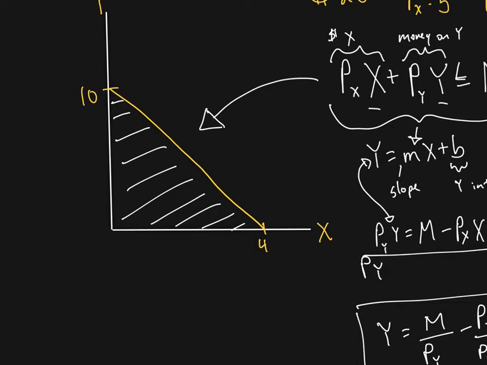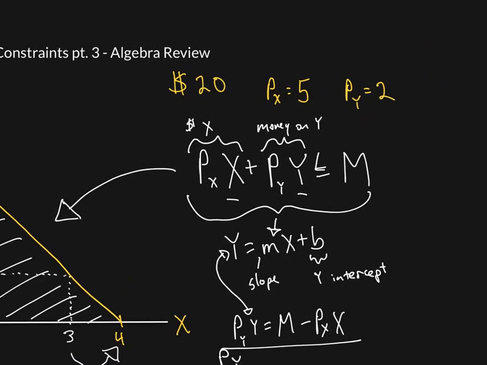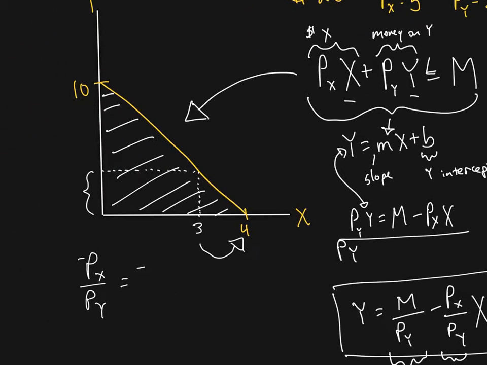And you can see this graphically really easily. If you want to move from 3 units of X to 4 units of X, the opportunity cost is the number of units of good Y that you have to give up, which is going to be equal to the slope. So you have to give up, in this case, negative Px over Py, which is equal to negative 5 over 2.